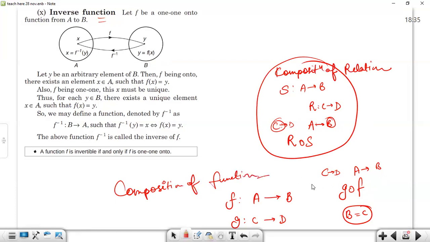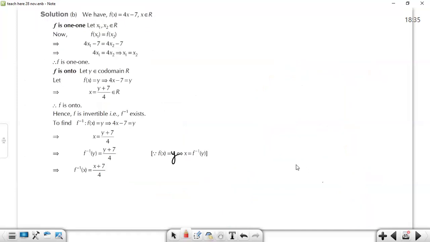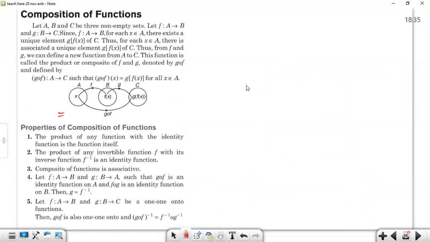Clear? Yes, sir. So G of F will be defined when F is a function from A to B and G is a function from B to C. These two sets have to be equal.